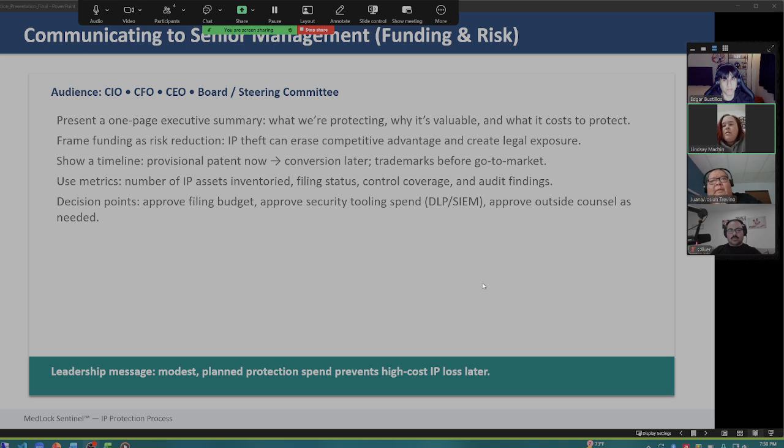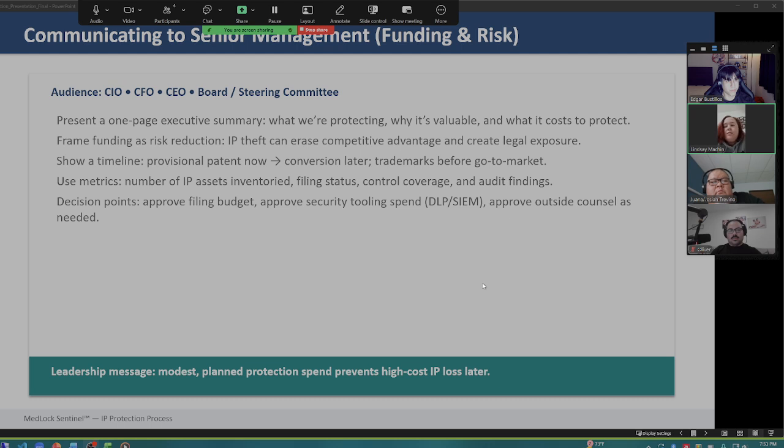So on this slide, senior management wants decisions, not details. What value is protected, what risk exists, and what resources are required. The process map becomes a funding roadmap with decision points, especially for patent filing fees, outside counsel, and security tooling.